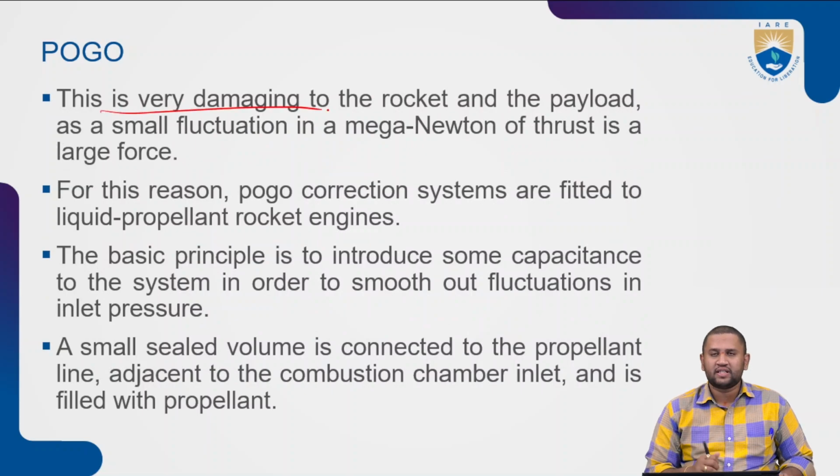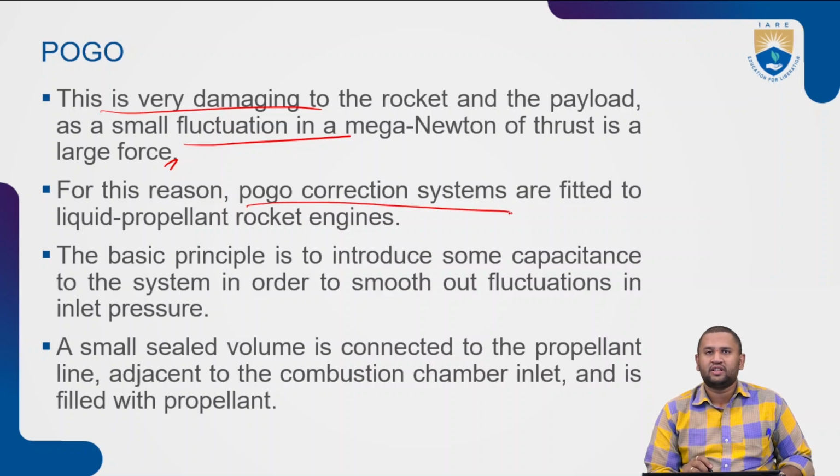This is very damaging to the rocket as well as the payload, as a small fluctuation in meganewtons of thrust is a large force. For this reason, pogo correction systems are fitted to liquid propellant rocket engines.